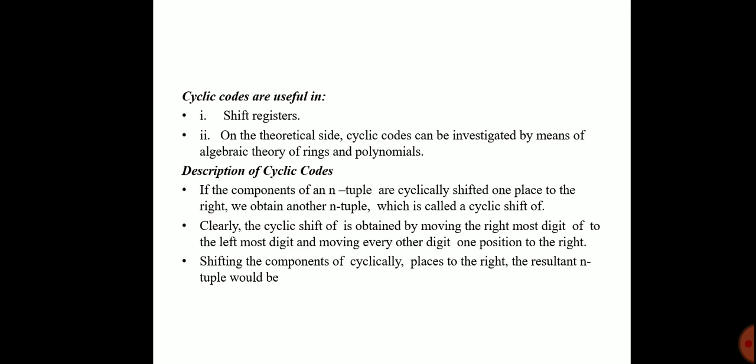Description of cyclic code: if the components of an n-tuple are cyclically shifted one place to the right, we obtain another tuple which is called a cyclic shift. Clearly, the cyclic shift is obtained by moving the rightmost digit to the leftmost position and moving every other digit one position to the right.